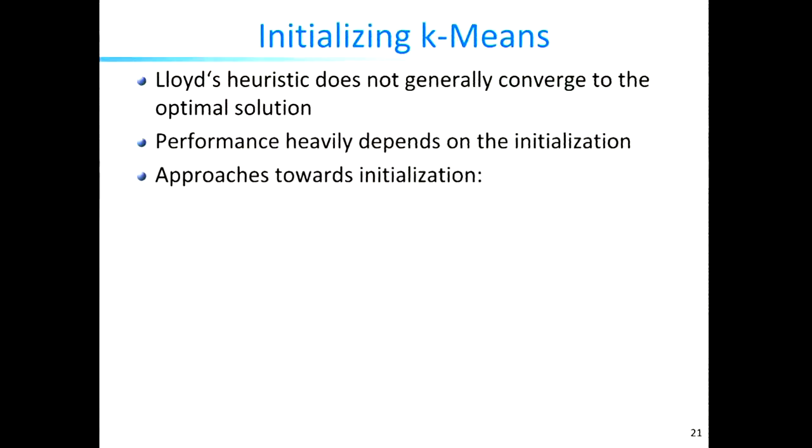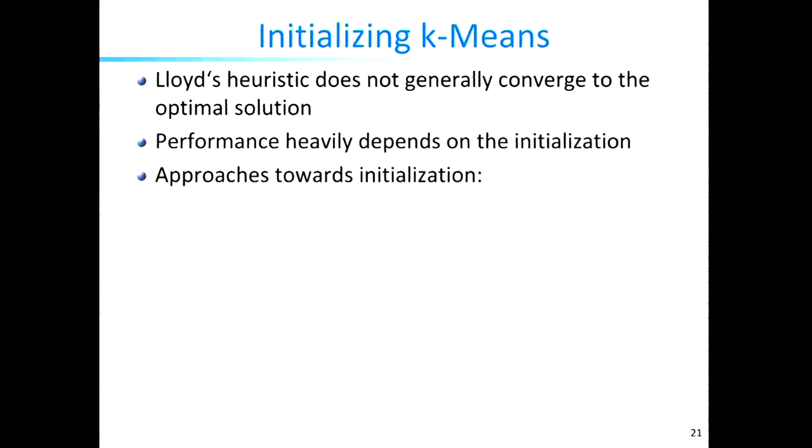The other thing you could do is pick data points themselves as initial cluster centers, uniformly at random. That's actually sometimes done: initializing each cluster center, mu i, as a randomly chosen data point. That's the simplest initialization that often does okay, but it can have problems, and we'll see what some of them are.